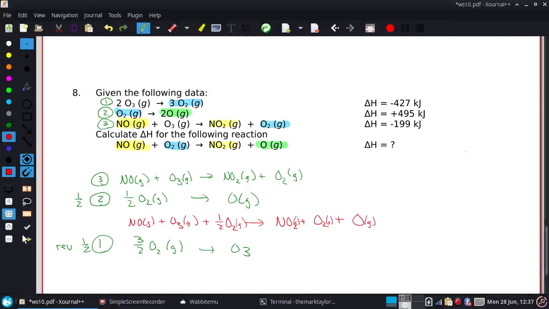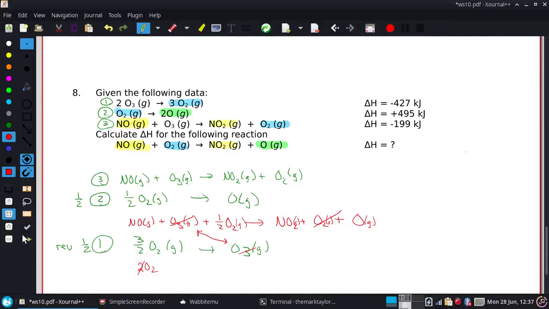You notice how this O3 is the only product on that new equation? Well, it counterbalances that one. That side and these two, they cancel each other out. And 3/2 O2 would add together with that 1/2 O2, giving us 2 O2s. I can write that right here. So that would be 2 O2s. But those 2 O2s would cancel out one of these. So one of those would bring that down to 1.